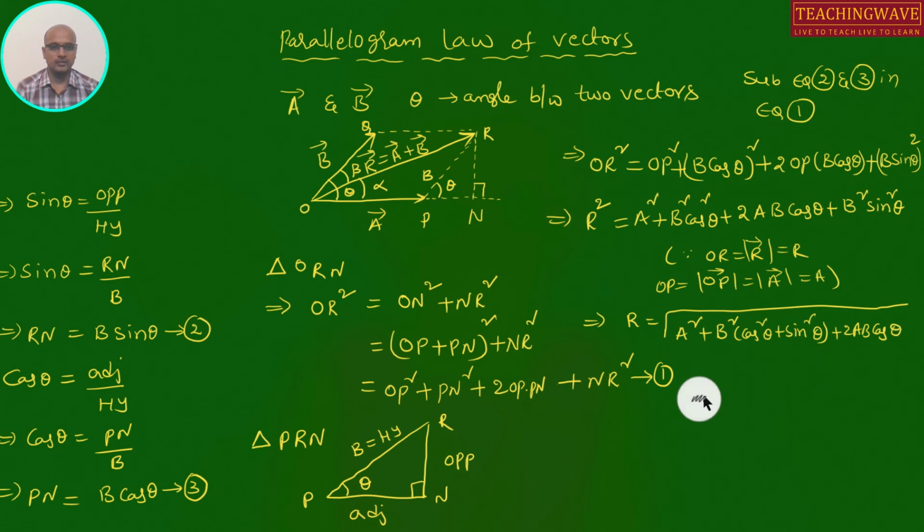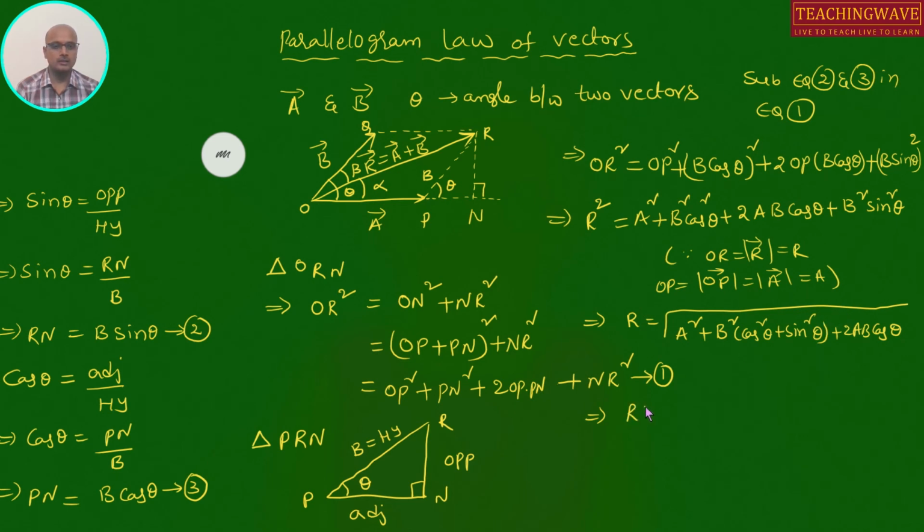According to trigonometric identities, cos square theta plus sin square theta is equivalent to 1.